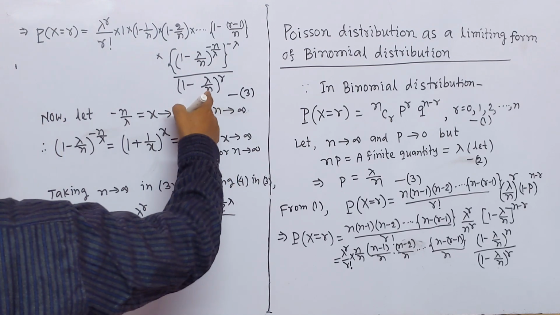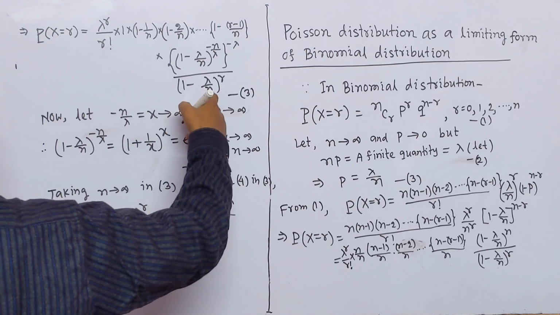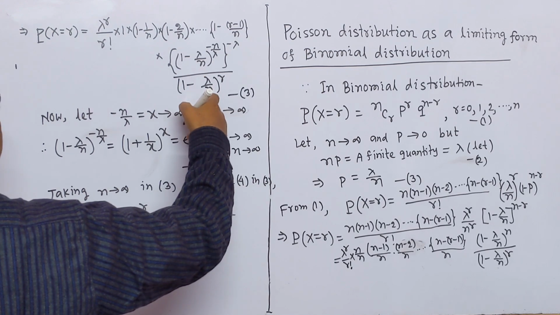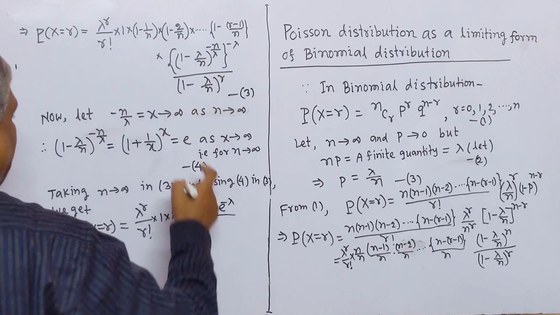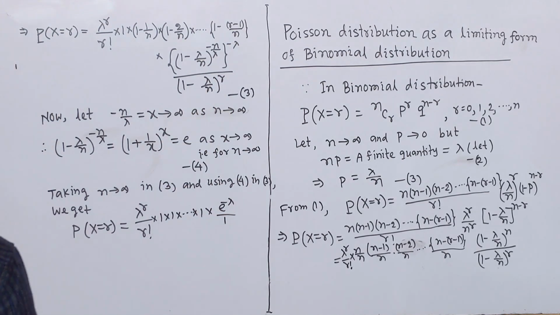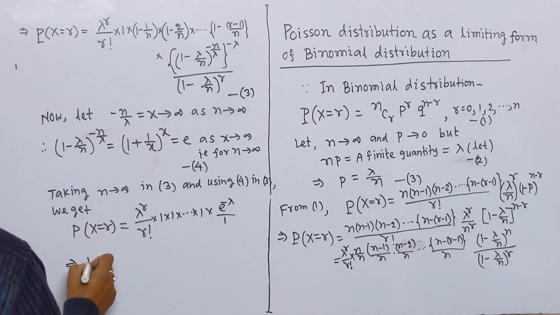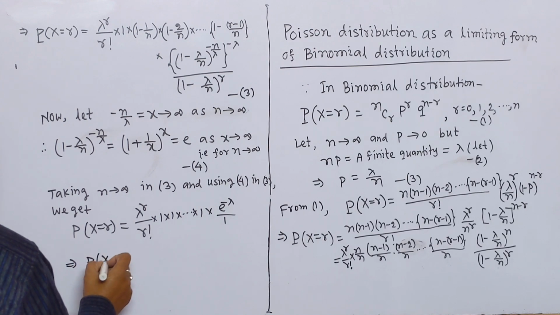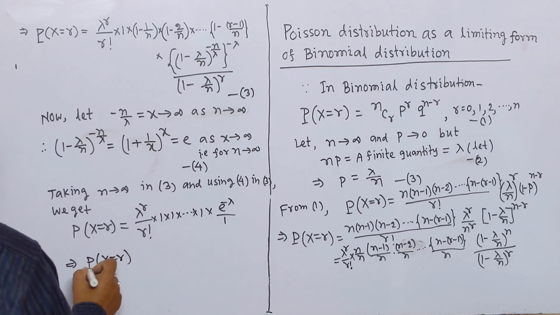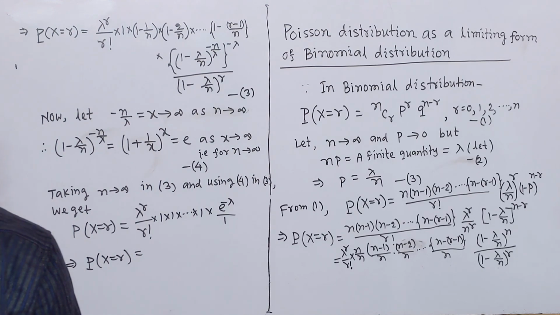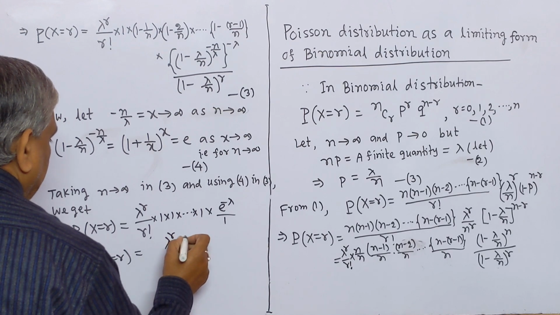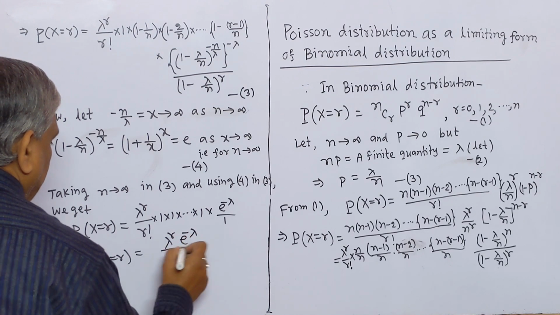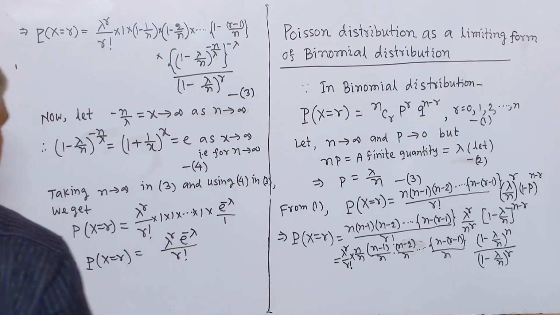Here n tends to infinity, then lambda by n equals 0 and only 1 to the power r remains, that is 1. Implies that P(X = r), the probability for random variable X equal to r, we get the formula lambda to the power r e to the power minus lambda by factorial r.